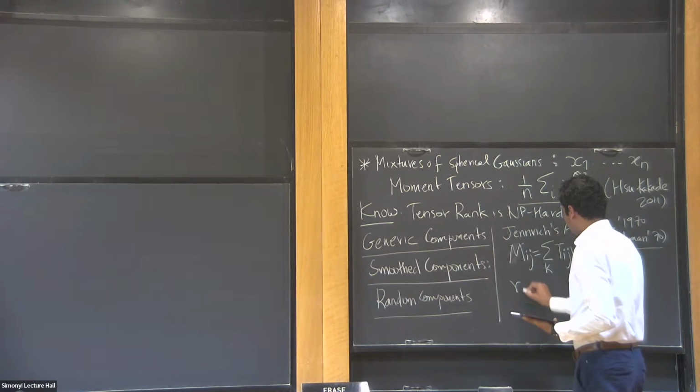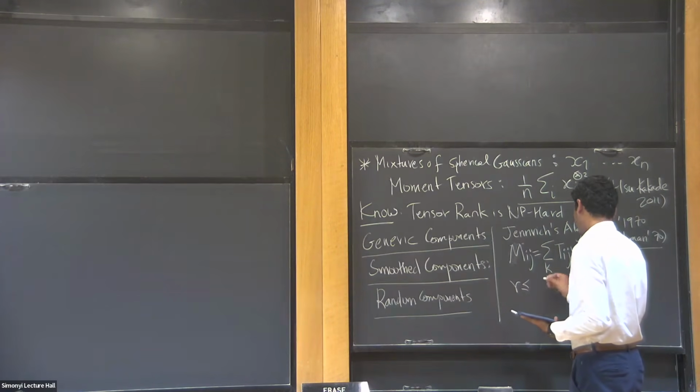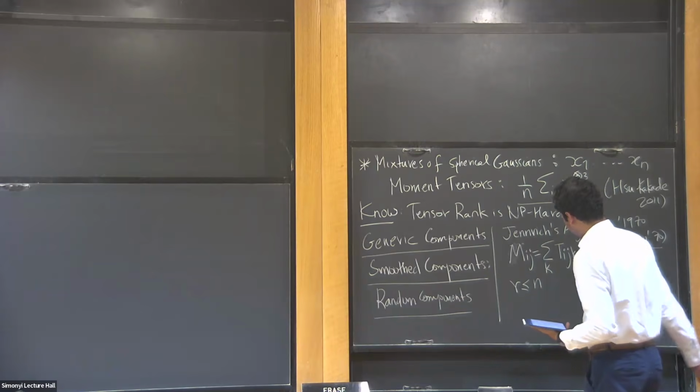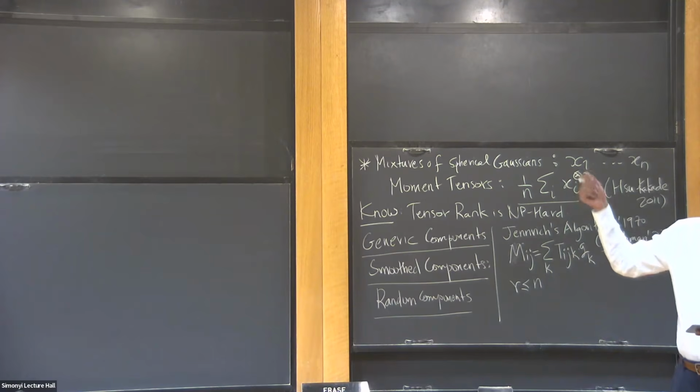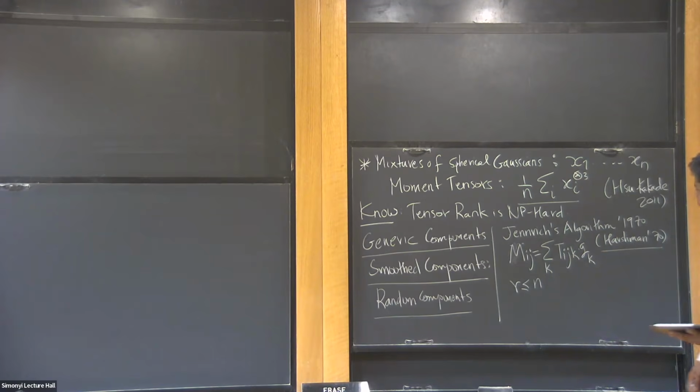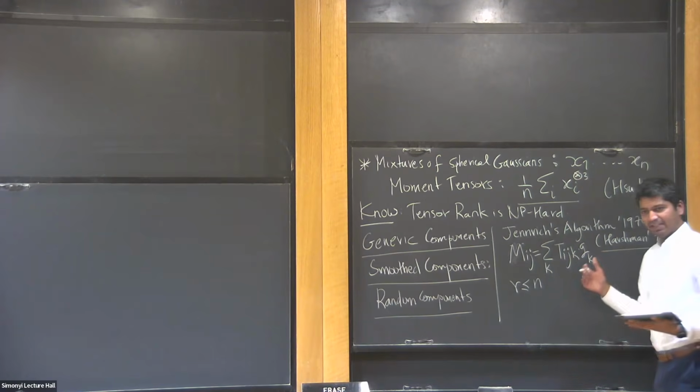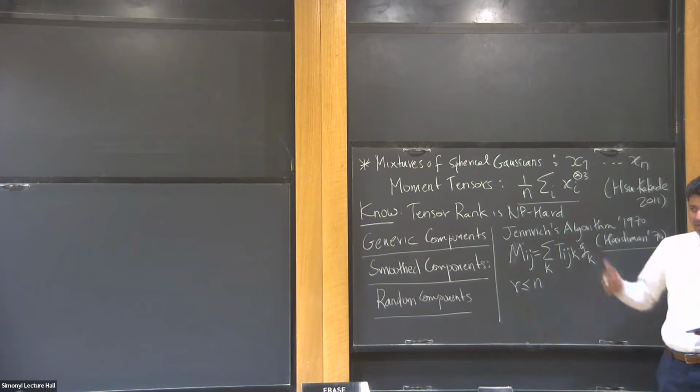It works as long as the rank is at most n for the square case. And in general, R at most the minimum of n1, n2, n3 suffices. You can see why I would need that. Think about just the square case, an n by n tensor.